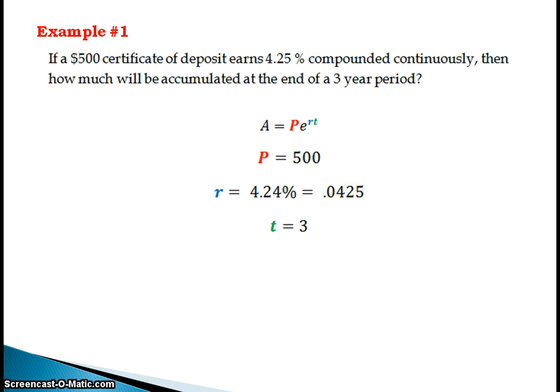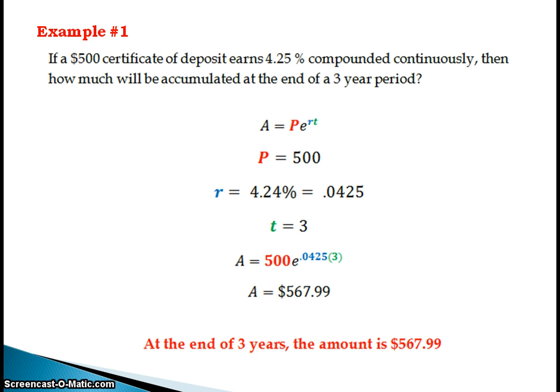All right, so we know P, we know R, we know T. Let's plug everything in and see what happens if we use our calculator to calculate A. We'd find out that if it's compounded continuously at the end of a 3-year period, we'd end up with $567.99. Pause now and copy this example.